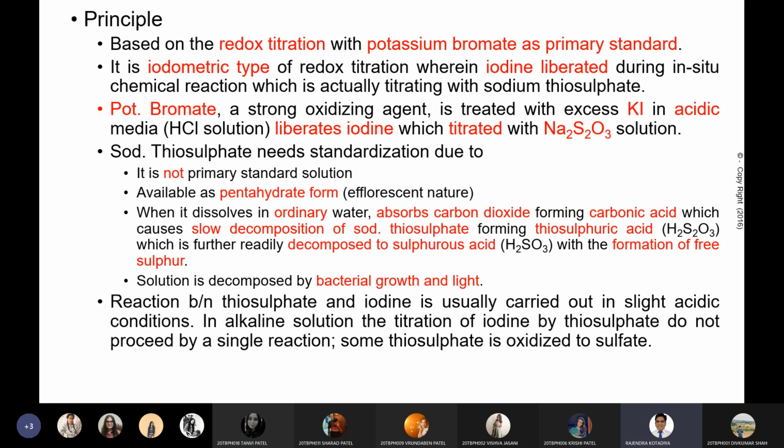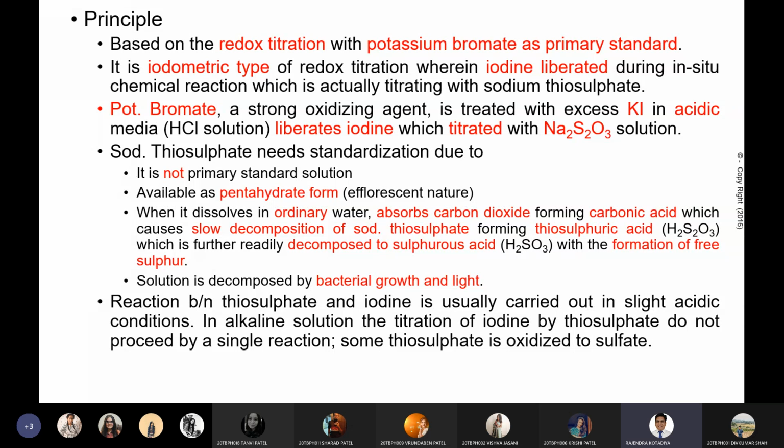So when we prepare this sodium thiosulphate solution in ordinary water, આટલી બધી reaction થાય, so ultimately it decreases the concentration of sodium thiosulphate, and that is why we have to estimate its original or actual strength.